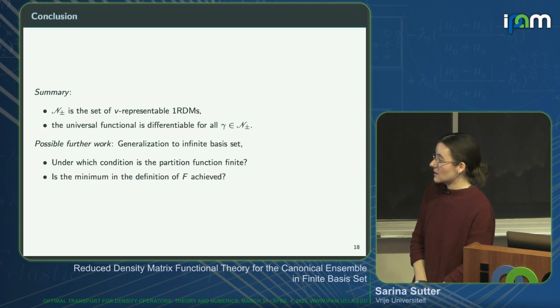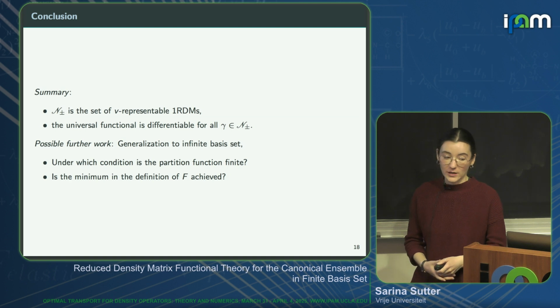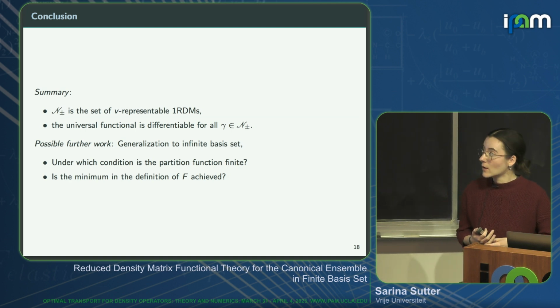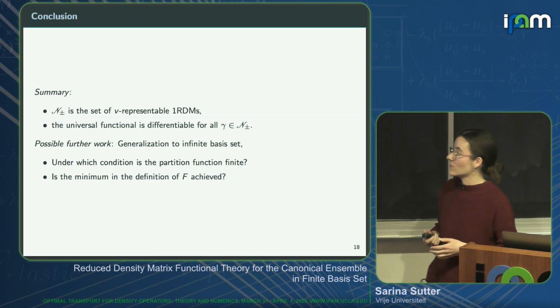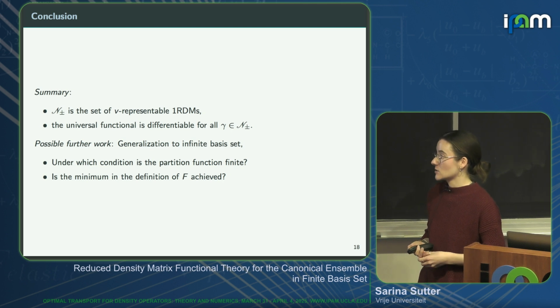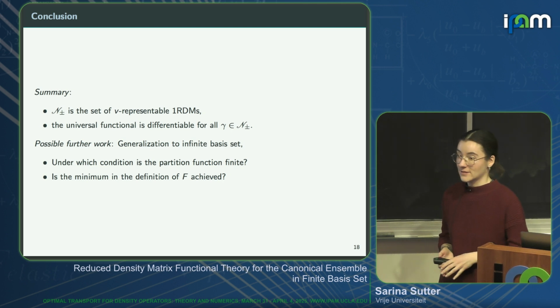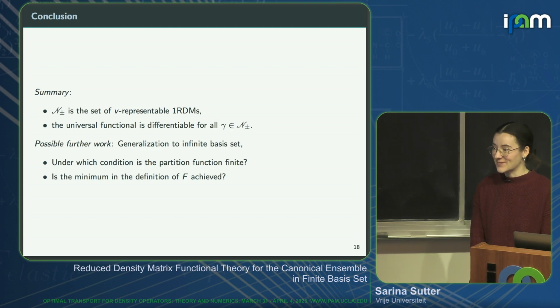Also, for the attainment of the minimum in the definition of F, we cannot just use the theorem used in the finite dimensional case, so we also need to study that. So yeah, I'm finished.